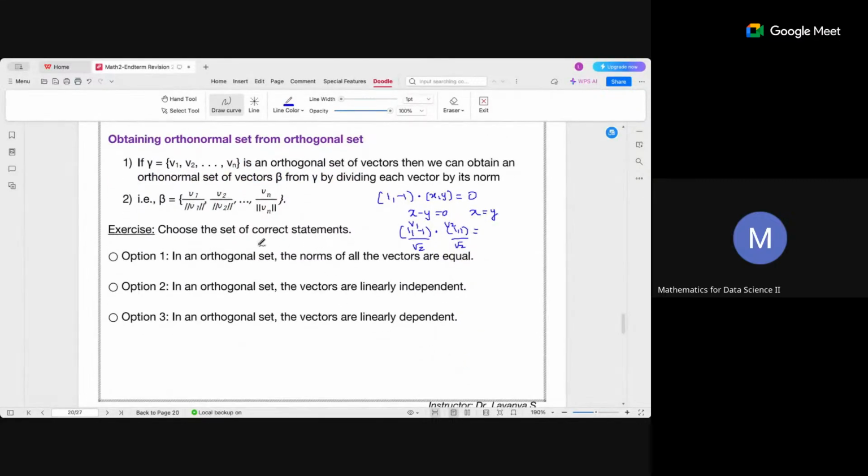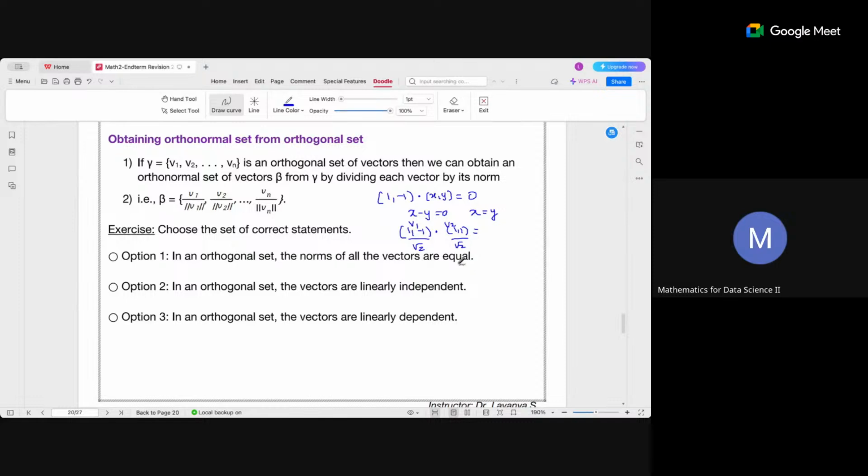So choose the set of correct statements. In an orthogonal set, the norms of all the vectors are equal. True or not? For an orthogonal set, you don't know whether the norms are equal or not. Only in this scenario the norms matched, but it need not be true in general.